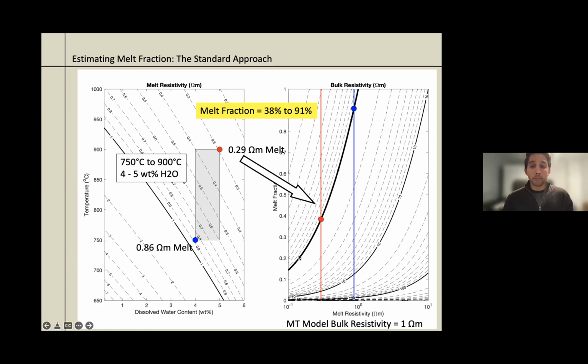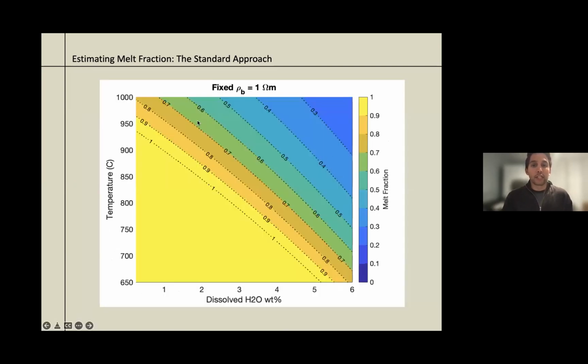So if we fix the bulk resistivity at 1 ohm meter, then we can explore the whole parameter space. So again, if you have an anomaly in your MT model that's 1 ohm meter, then you can plot this graph here, which shows all the possible melt fraction, temperature, and water content combinations that are consistent with a 1 ohm meter anomaly.